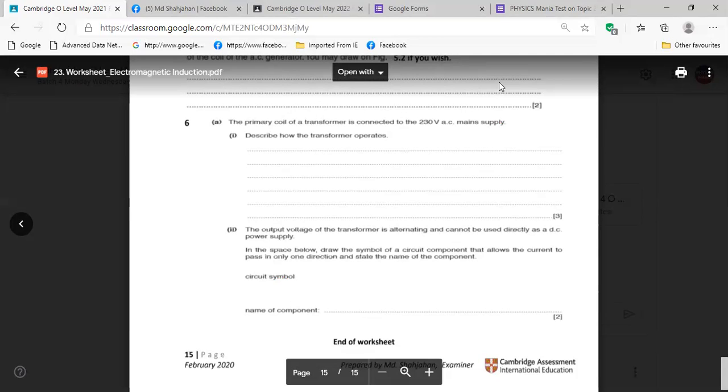You mentioned that this induced EMF is produced in the secondary. Always we get the induced EMF in the secondary. In the primary, we give the power supply from the mains AC supply, and in the secondary we get the induced EMF. Is it clear? Yes, sir.